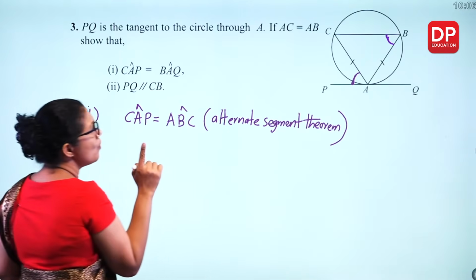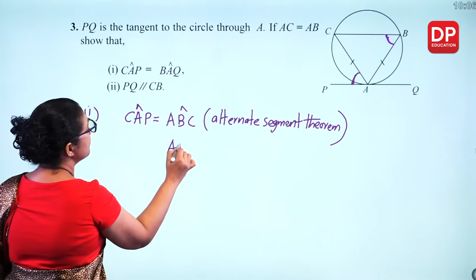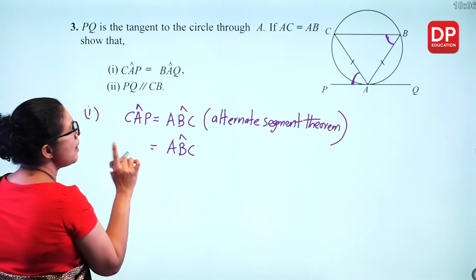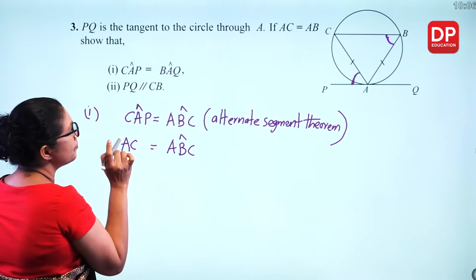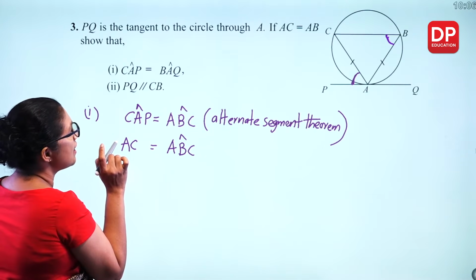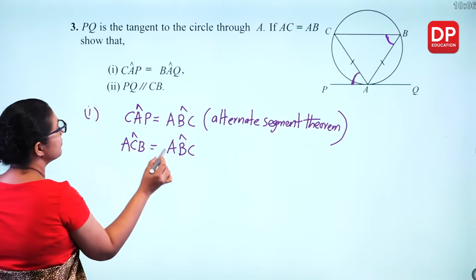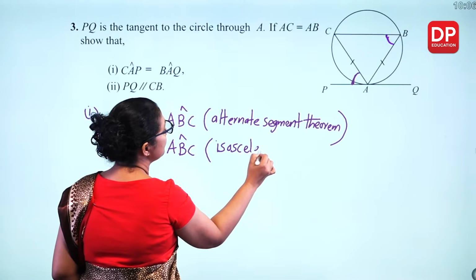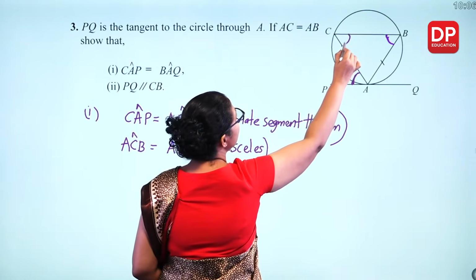But we know ABC angle is equal to ACB angle. This is because of isosceles triangles. So this is also equal.